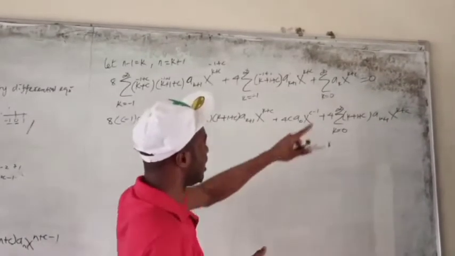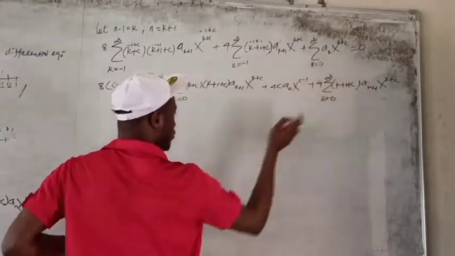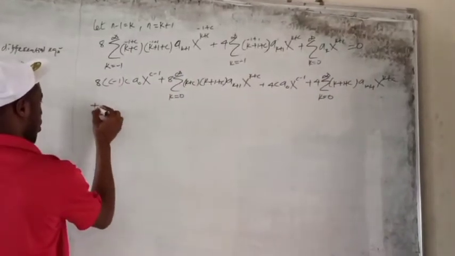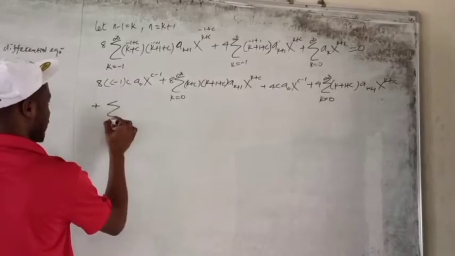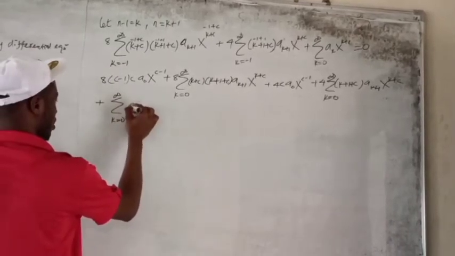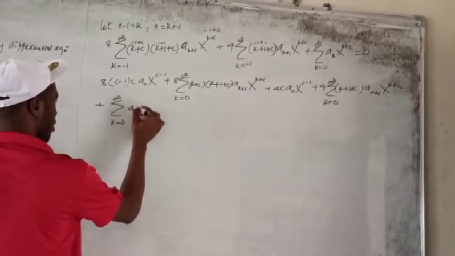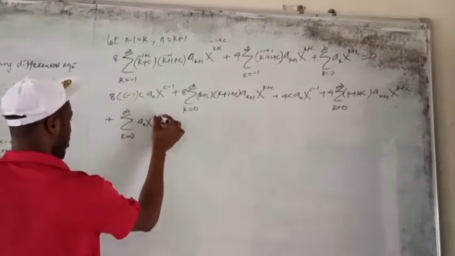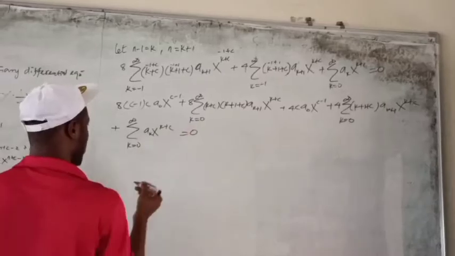Then, as I said earlier, I have to bring this down. I have plus summation of k equals 0 to infinity, a subscript k, x raised to the power of k plus c, all equal to 0.